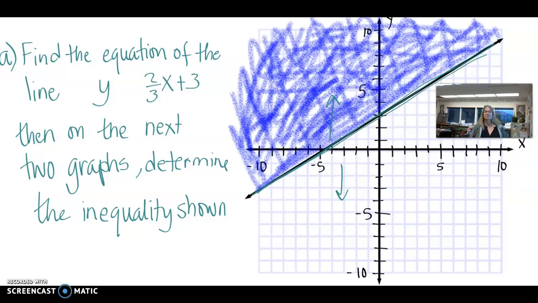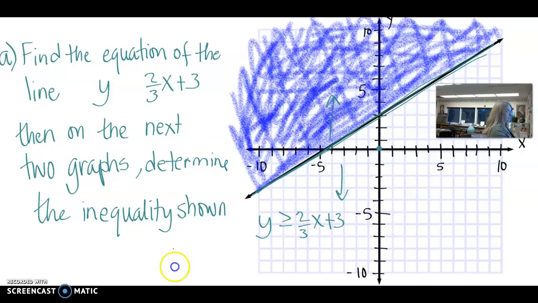If that isn't working for you, what you want to do is take a guess. So if we take a guess that y is, let's say, greater than or equal to 2/3 x plus 3, let's test 0, 0 and see if it makes it false, because 0, 0 is not included. And so if we did it correctly, it should make this inequality false.